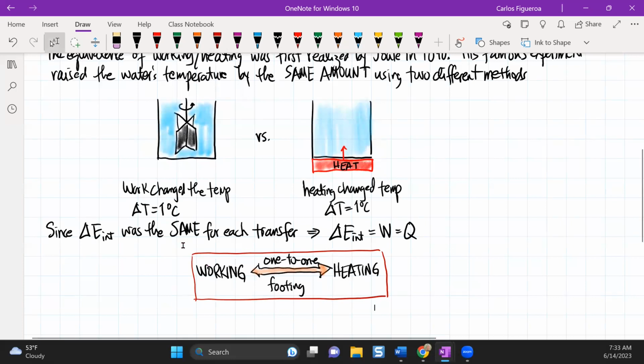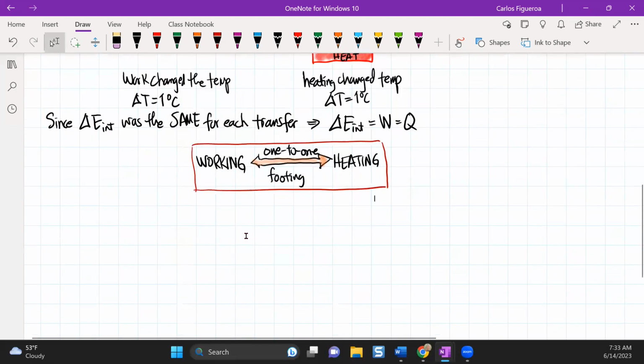So now let's go look at that. So now that we see this, the heating mechanism has the ability to add or remove heat, which changes the microkinetic energy.